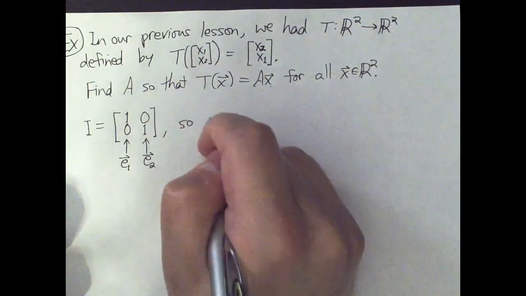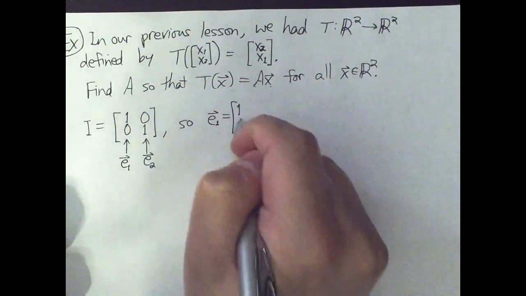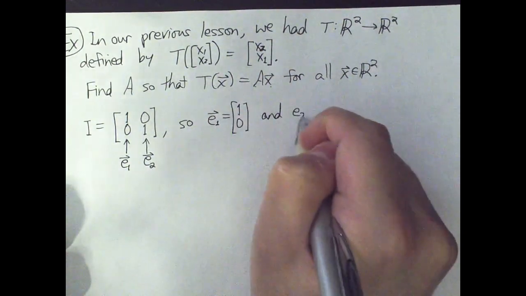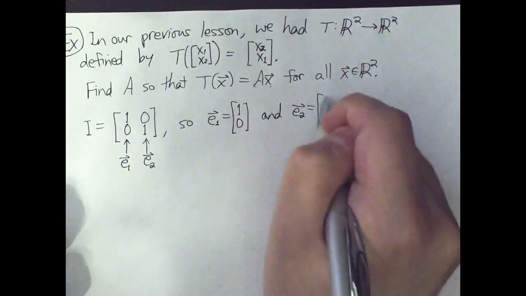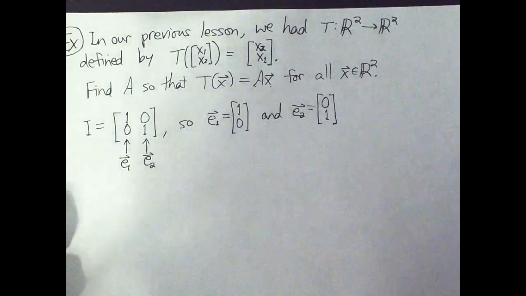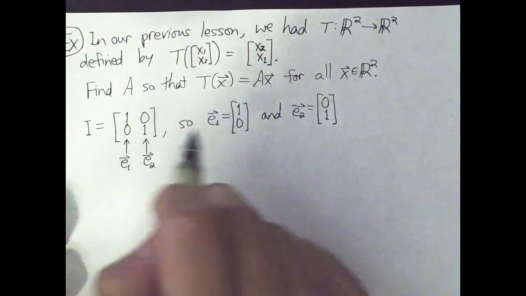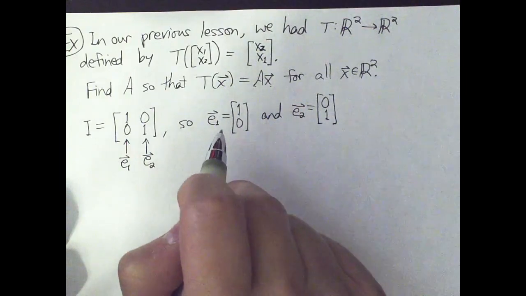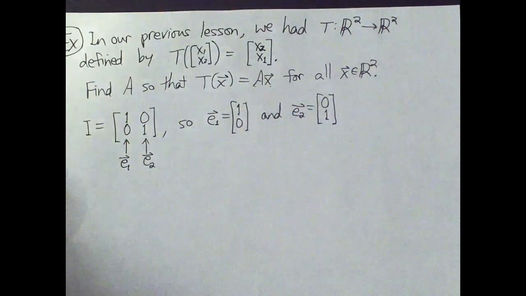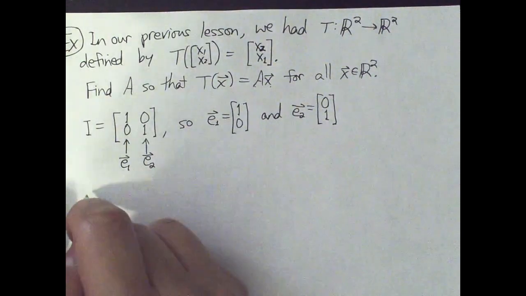Let's just write them off to the side, since this is the first time we're doing this, so let's be extra clear. e1 is this, and e2 is this. And maybe for future problems, we won't even need to write the identity matrix. We'll just be able to say, I know that this is what e1 is and this is what e2 is. Maybe for some other problems, there might be an e3.